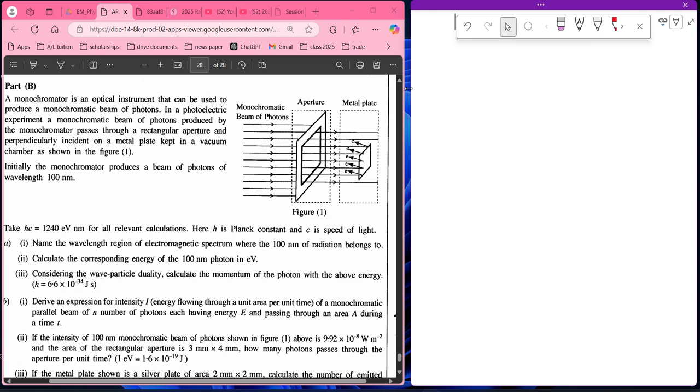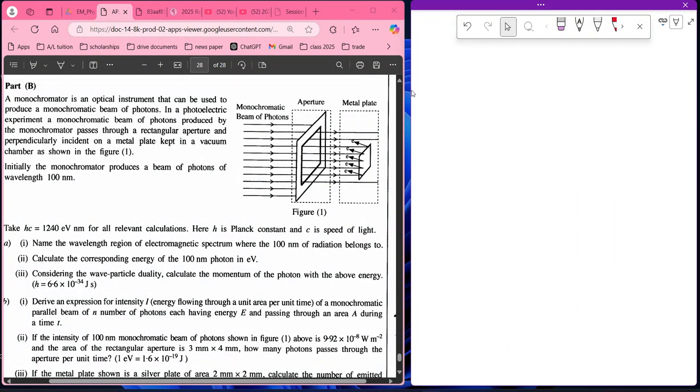So what do you mean by a monochromator? Actually it's an optical instrument that has the ability to produce photon beams which are monochromatic. That means the beam is the same in all the rays, in the sense it's a monochromatic beam of photons, that means light particles, in a photoelectric experiment.